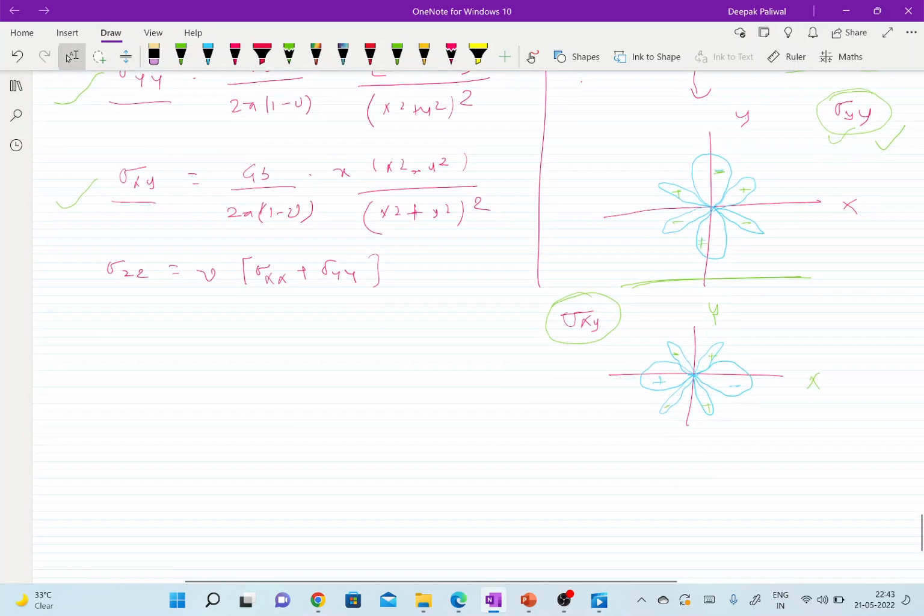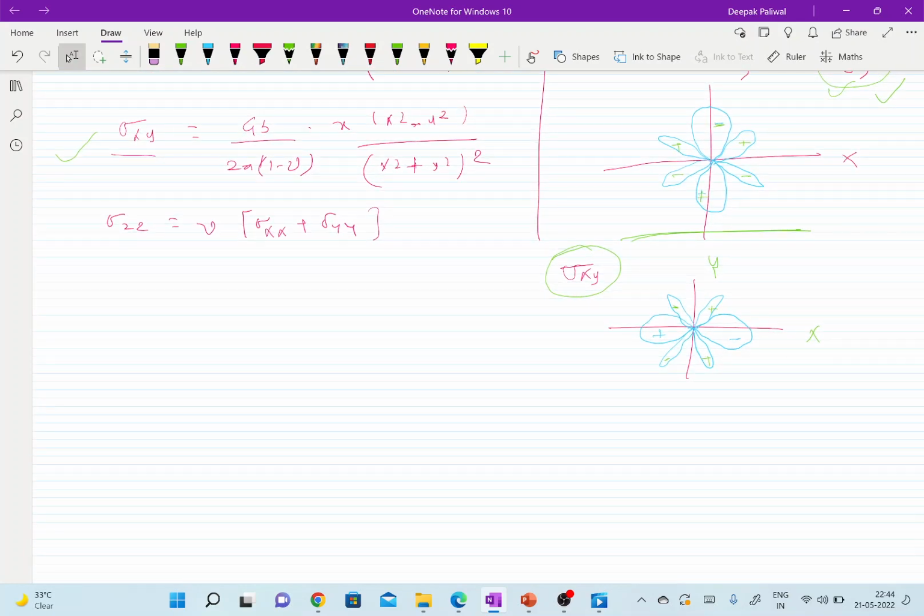Now some important points. One more important thing: the hydrostatic component will be minus 1 by 3 times (sigma xx plus sigma yy plus sigma zz). We know the hydrostatic component is the sum of all the diagonal elements of the stress tensor divided by 3. So that is your hydrostatic part.